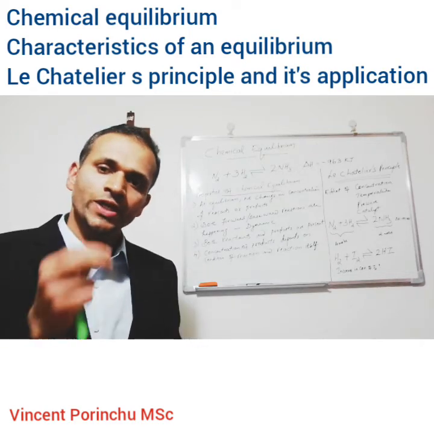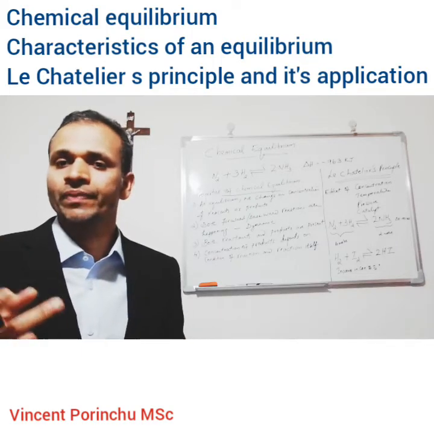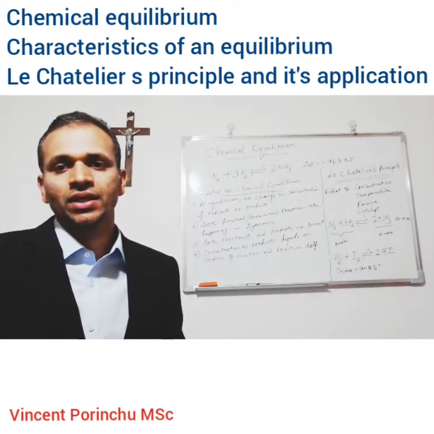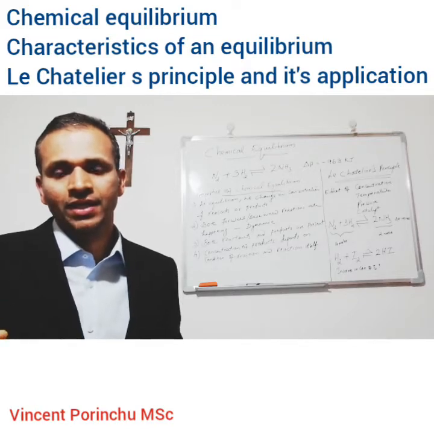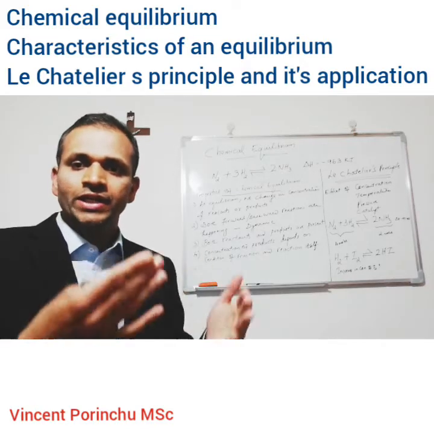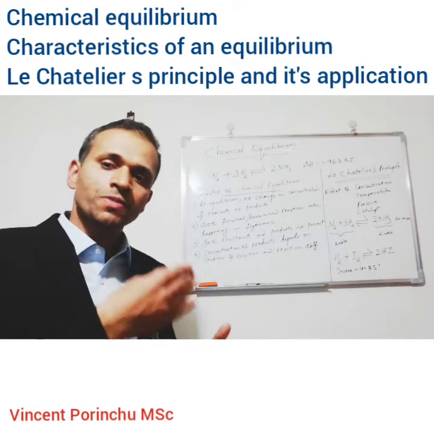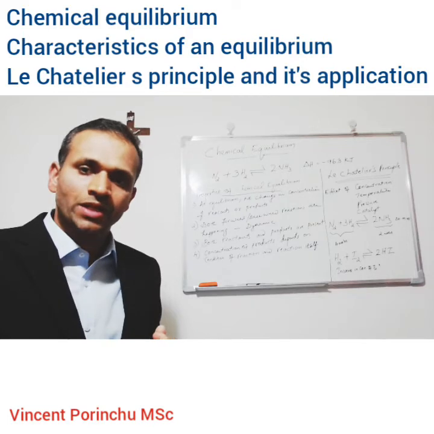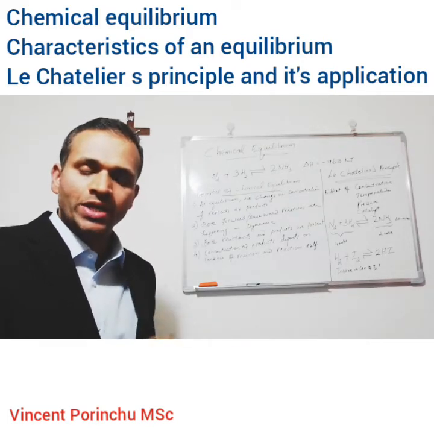So if you try to increase the temperature in that equilibrium, the system will try to reduce that heat by shifting the equilibrium in the direction of absorption of heat. That means that will enhance the backward reaction.